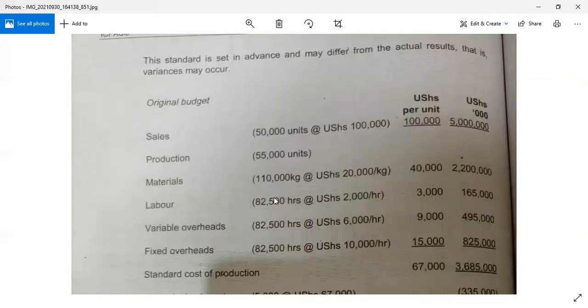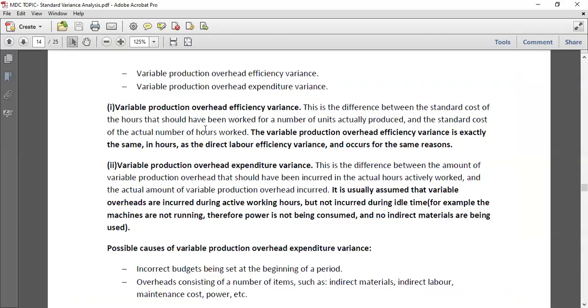Just like the way you see here, we have 82,500 and also 82,500 here, okay? But they are telling us that we should basically get the difference between these hours that we had planned and the hours actually worked, 82,500 and 83,000. And they're trying to tell us that this should be multiplied by what? This should be multiplied by the standard cost of the actual number of hours.